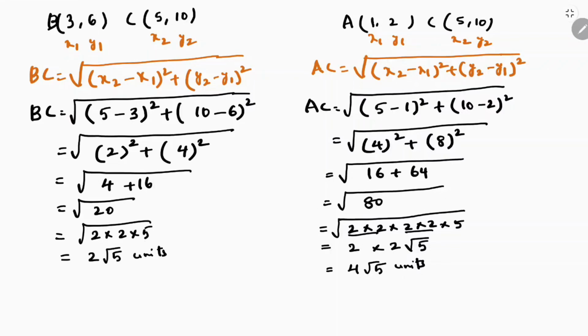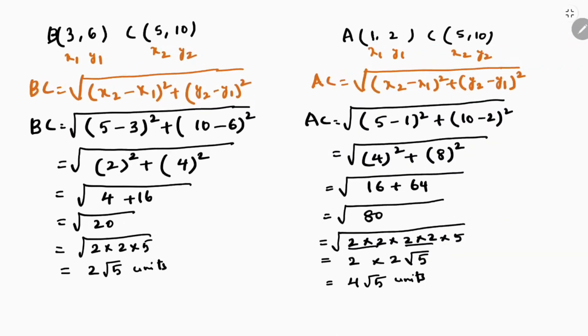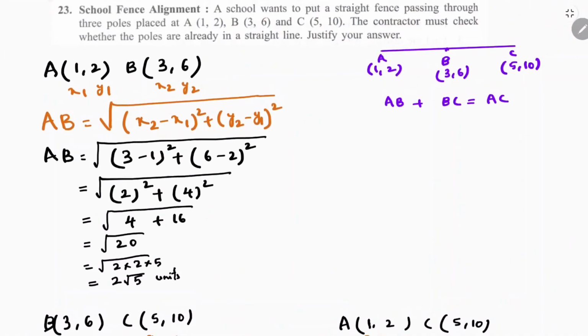So AB is 2 root 5, BC is 2 root 5 and AC is 4 root 5. If we check for collinearity here, AB is 2 root 5, BC is again 2 root 5, AC is 4 root 5. So 2 root 5 plus 2 root 5 is 4 root 5, equals 4 root 5.